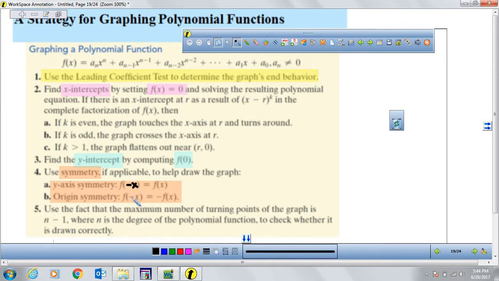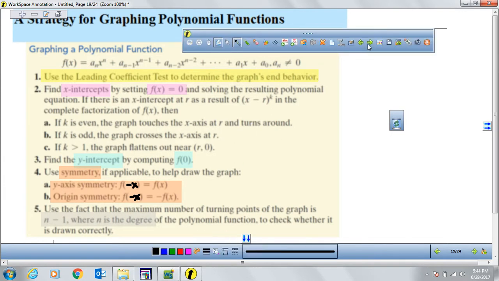If when I replace every x with a negative x my function changes all of its signs, that is when the function has what is called origin symmetry. And origin symmetry, we talked about it, means that it reflects over the y and x-axis simultaneously. And number 5, we're going to determine the maximum number of turning points on the function by using the formula n minus 1. Remember that a function has at most n minus 1 turning points.